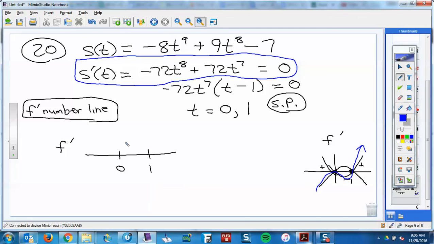It just gets so confusing. So a lot of times what I'll do is I'll write them really small. I don't know, something, anything to help. I just want you to know that these numbers are a lot different than these numbers. These numbers are important. They're in my answer. They're where my local max and mins are going to be. These are just numbers I'm sticking in there to see if I've got positive, negative, positive, see what's going on.